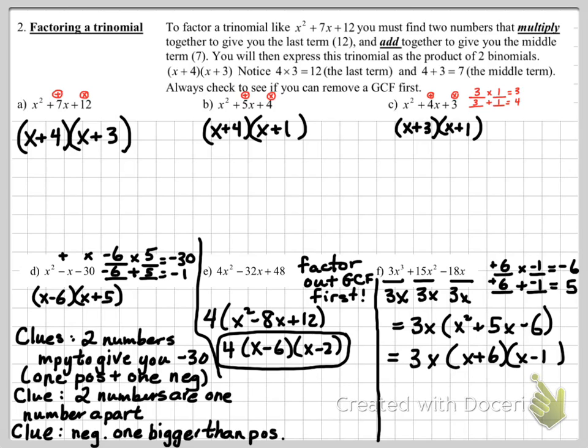So we'll write the answer as 3x times x plus 6 times x minus 1. Notice that because it's multiplication, you could have also written this as 3x times x minus 1 times x plus 6. That's also going to be the same thing.